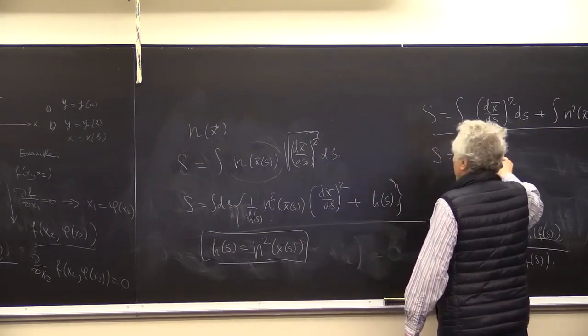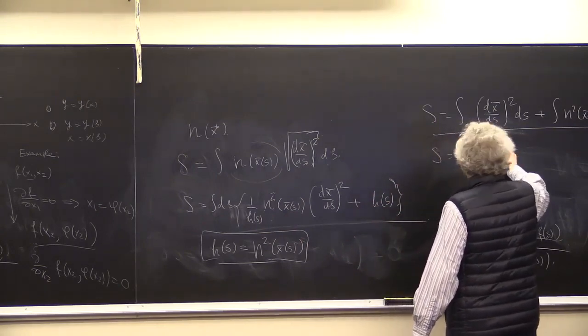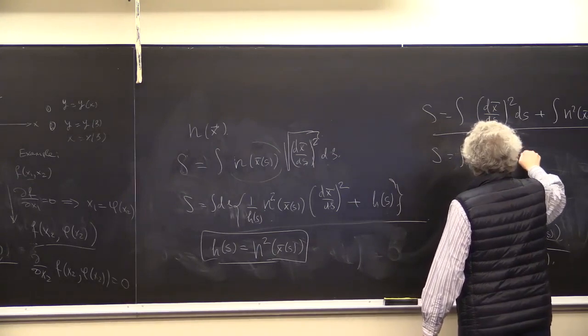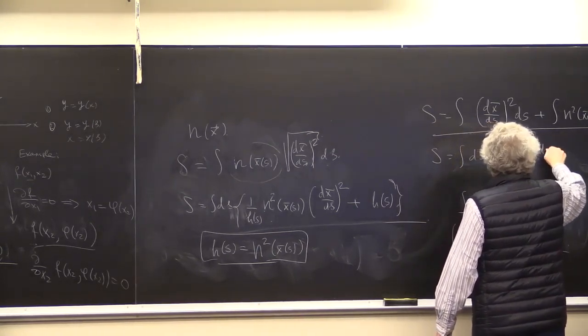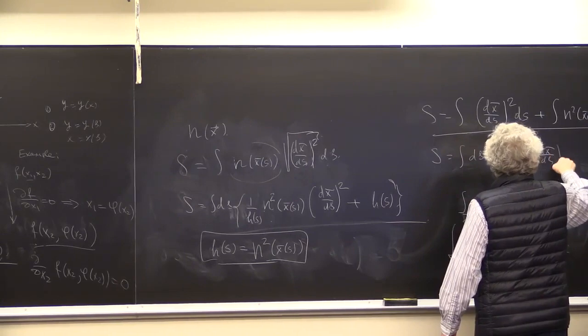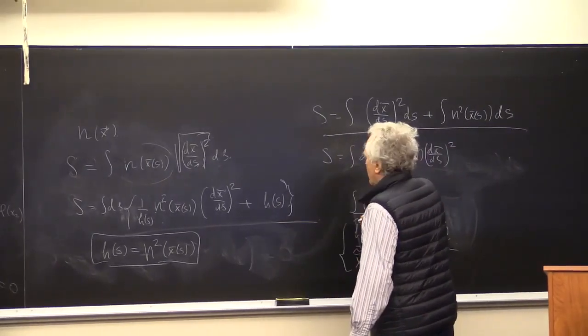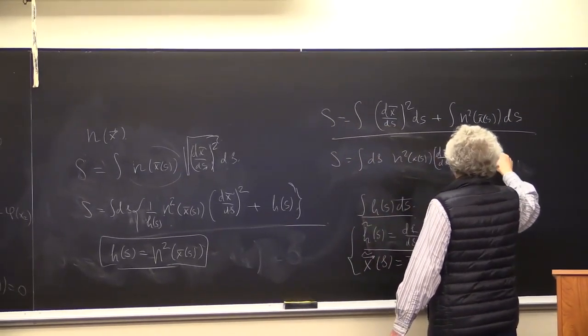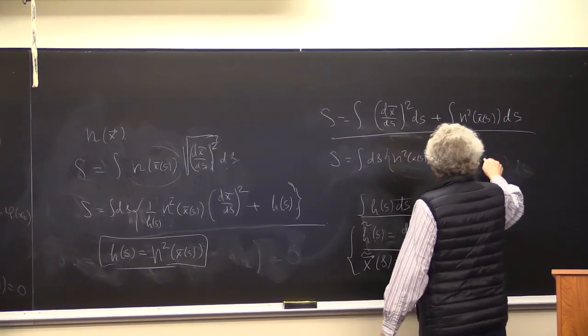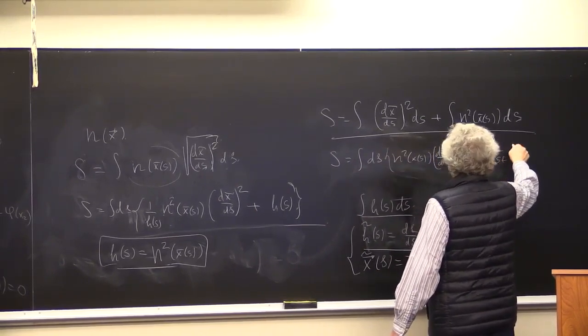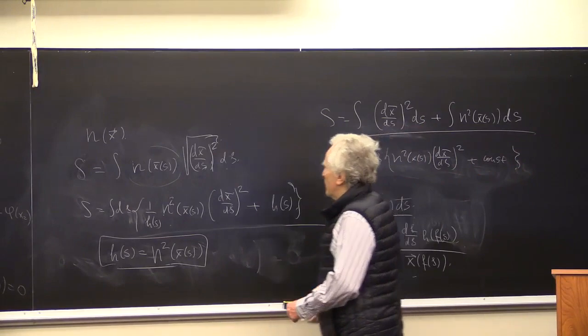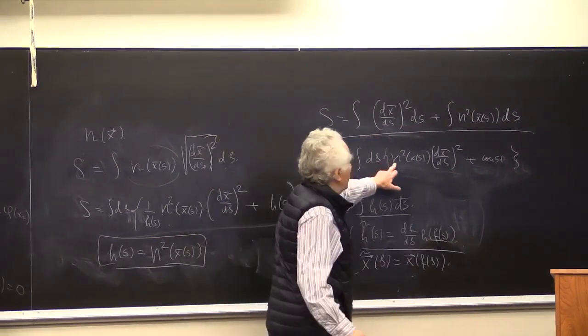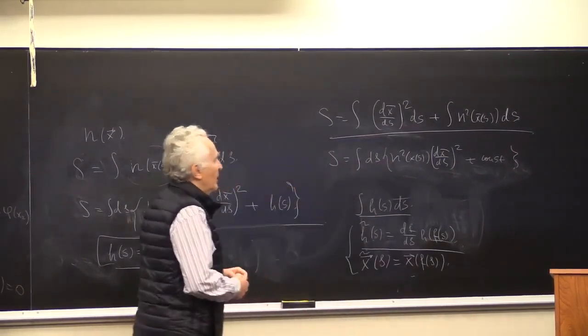So you get the integral ds of n square of x of s dx ds square plus a constant. And under variation, that constant is irrelevant because you can derive the equation from here.